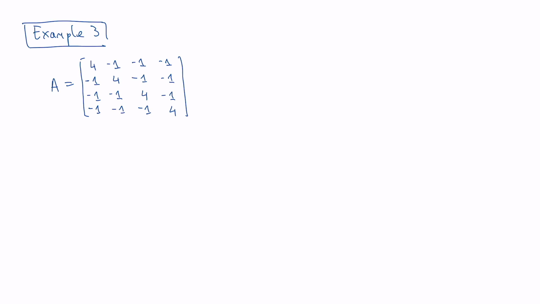But an interesting observation here is that this matrix is obtained as the difference of the following matrix. If I put 5s along the diagonal and I subtract a matrix of 1s, then I will get A.